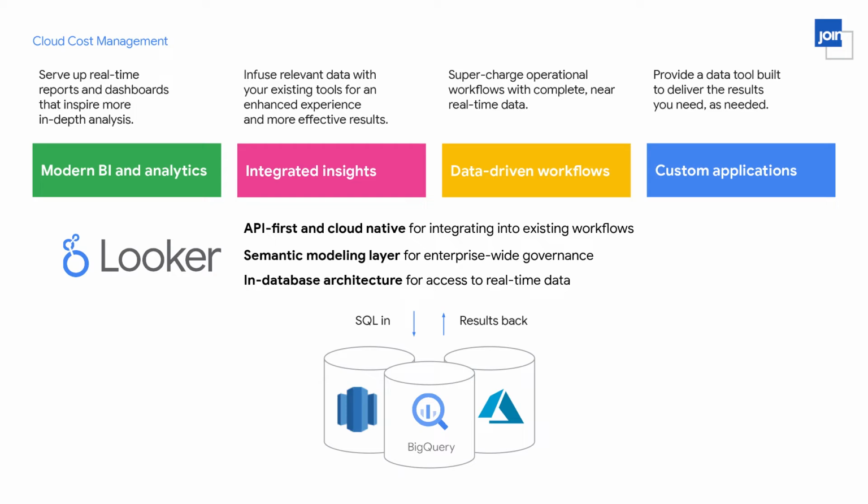But other ways that we see organizations using Looker to create this data-driven culture is, one, through integrated insights. So using Looker to integrate with other first-party and third-party applications that might be relevant to driving decision-making, and I'll get into that a bit in our demo.